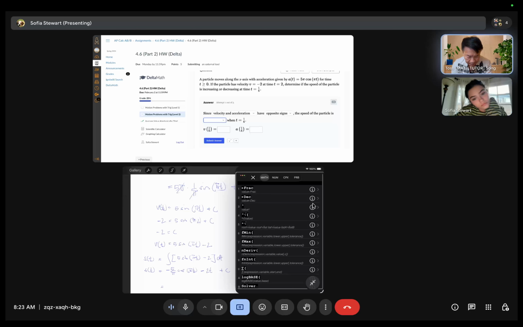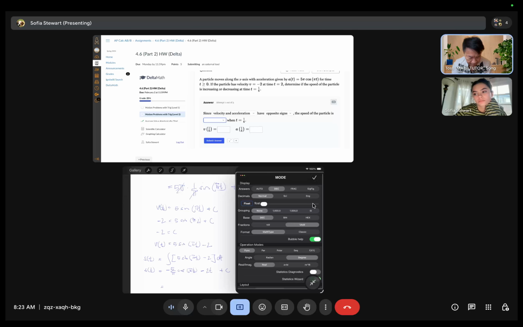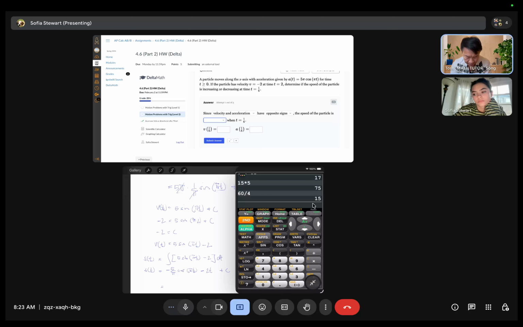So the mode must be in radians. Okay, so punch in 1/6 for v of 1/6. I'm gonna do 5 sine of pi divided by 6, minus 2.